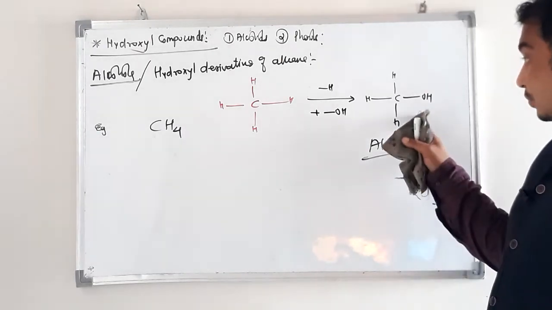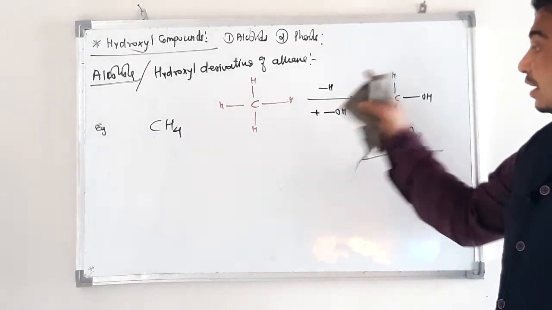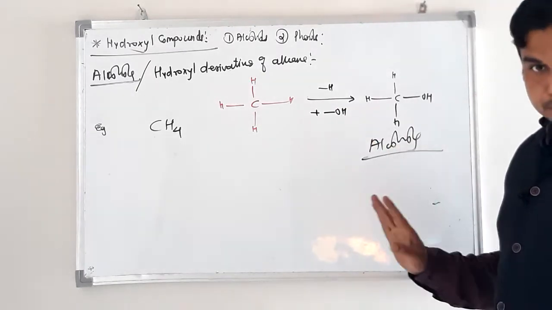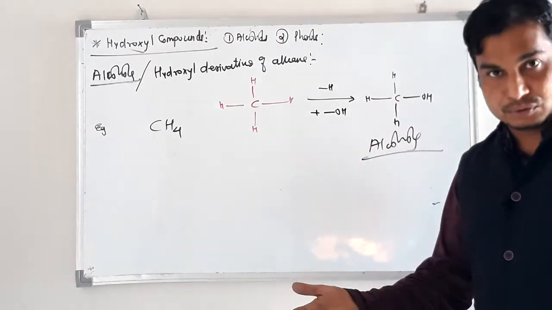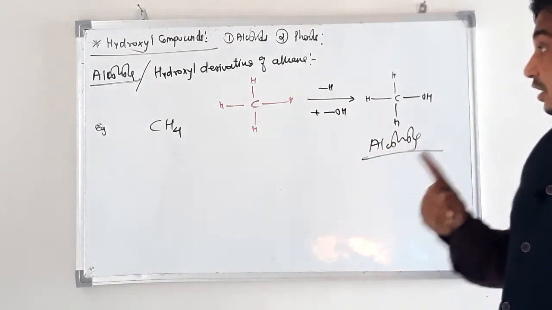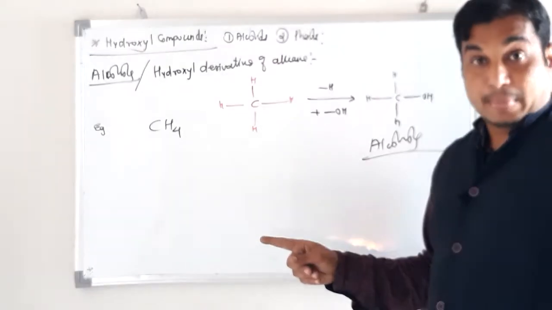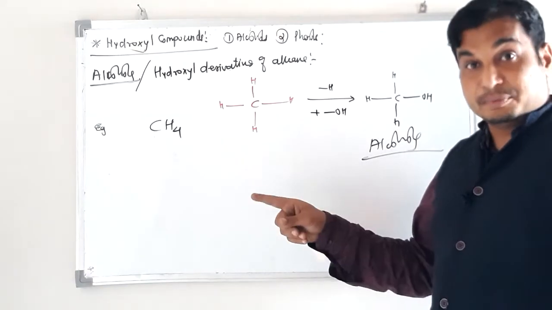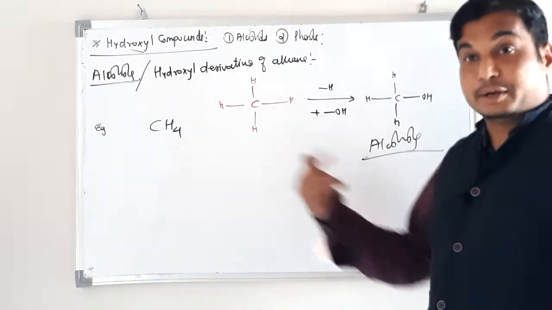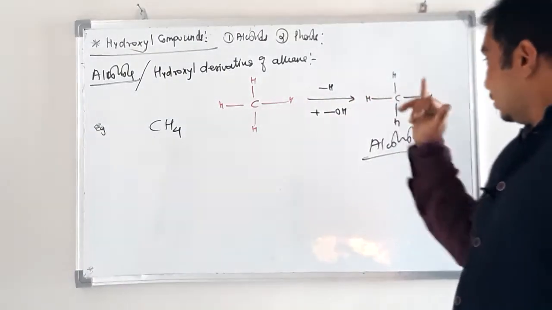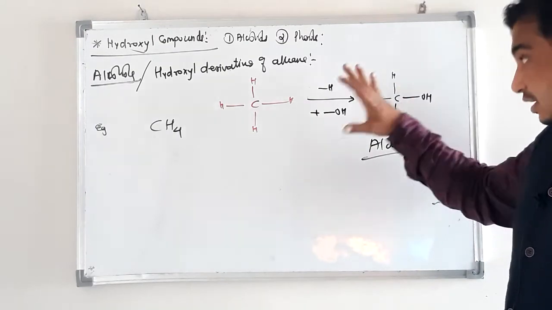And how is this compound obtained? By replacing one hydrogen atom by one OH group. We can replace more than one hydrogen, but remember one condition: we cannot replace a second hydrogen from the same carbon, meaning the carbon to which we have already attached an OH group. That is the condition.